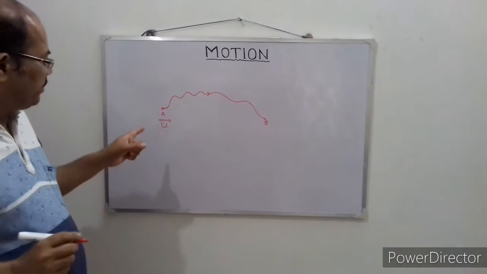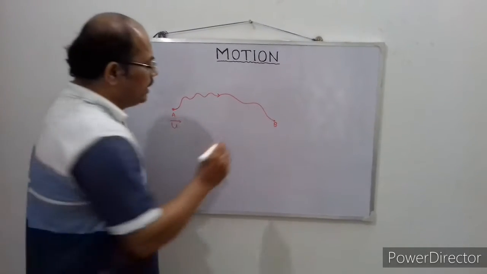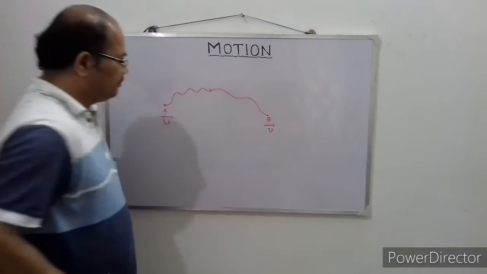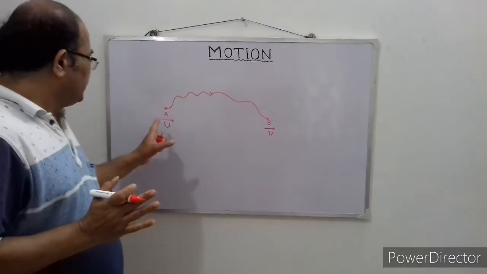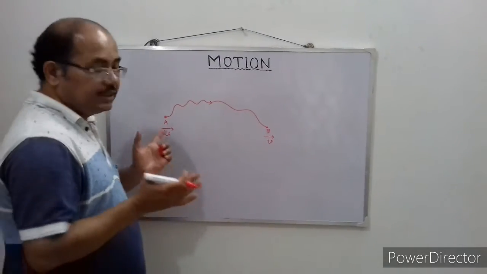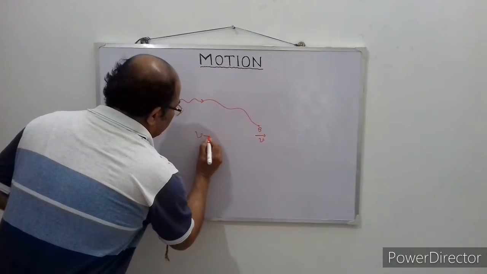When we start to measure the velocity, that initial velocity is u at the point A, and at the point B the final velocity is v. So if the velocity is increased from u to v, then what is the change of velocity? The change of velocity is v minus u.